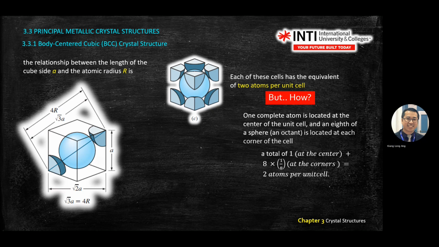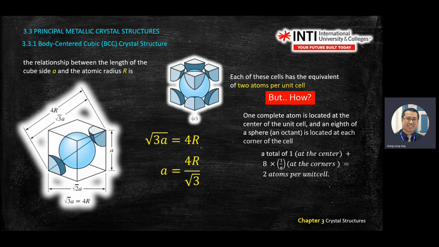And you do calculation. So you combine the mathematics, the triangle: square root 2A, 4R, and this is A. Okay, hold on, there's one thing I'm missing.